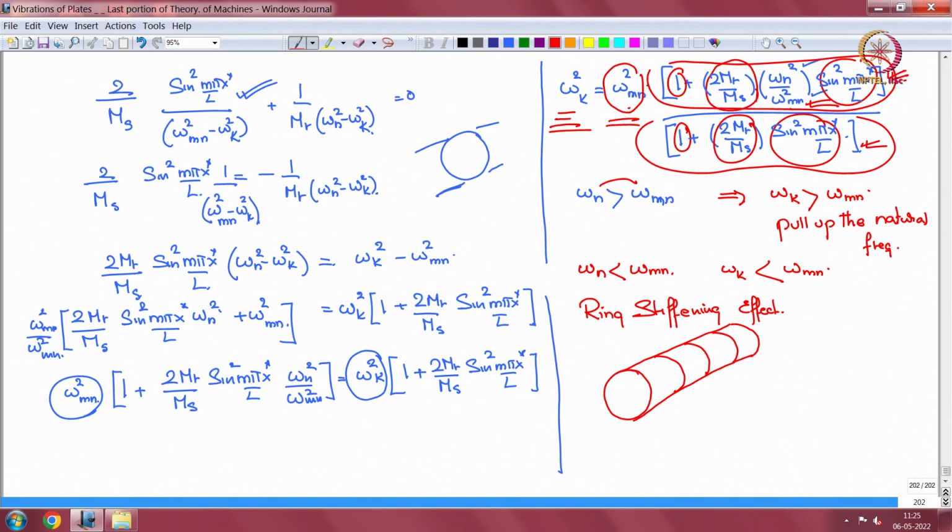Then you will have a matrix of the kind we saw for the springs: alpha 1 1 plus beta 1 1, alpha 2 2 plus beta 2 2, alpha 3 3 plus beta 3 3, and these rings are independent. So the cross receptance will not be there.